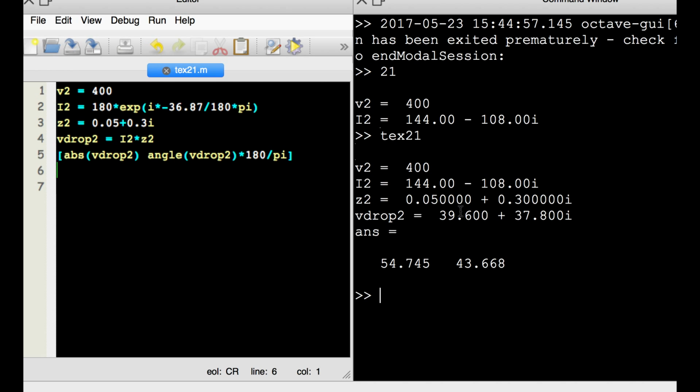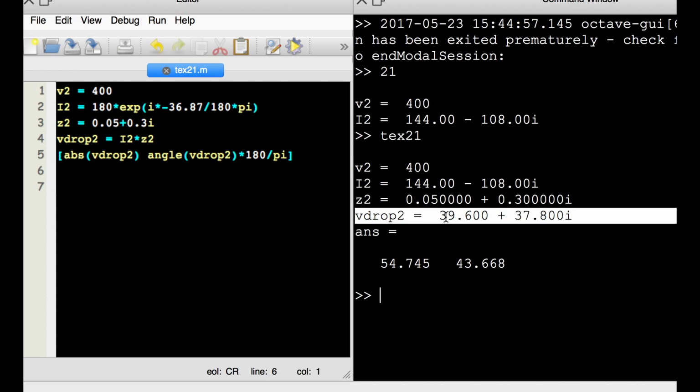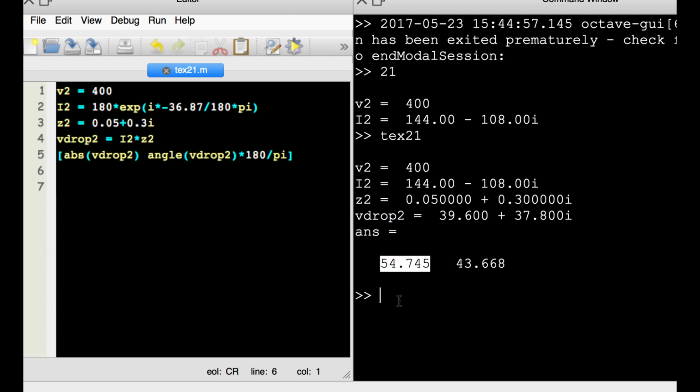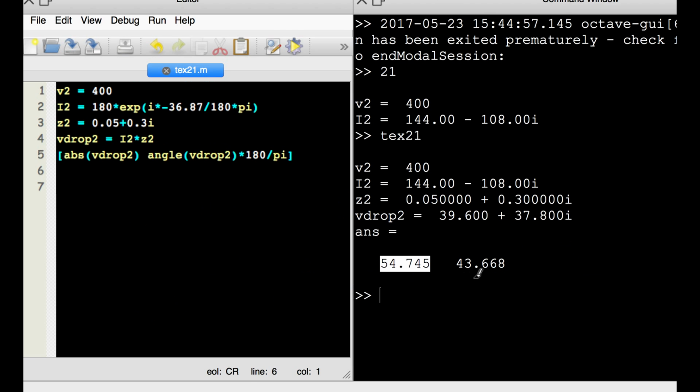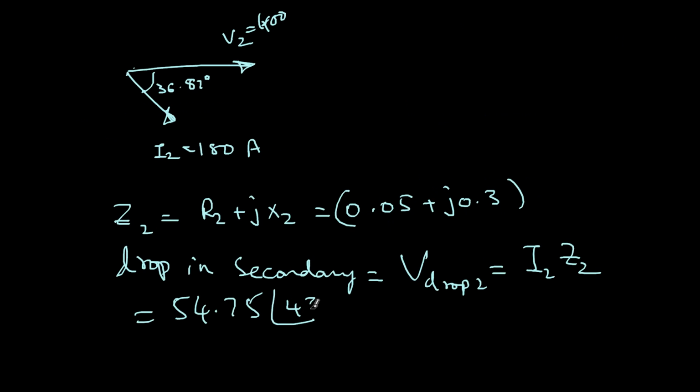So here voltage drop is 39.6. So this 39.6 is the drop in the resistance, and this is the drop in the reactance. No, I think that is not the case. But anyway, this is the final voltage drop, 54.75 at an angle of 43.67 degrees.